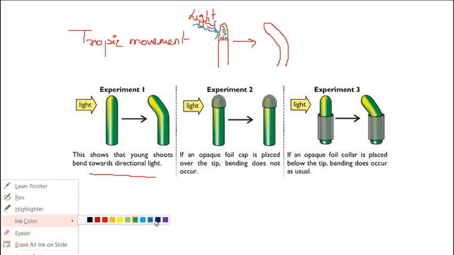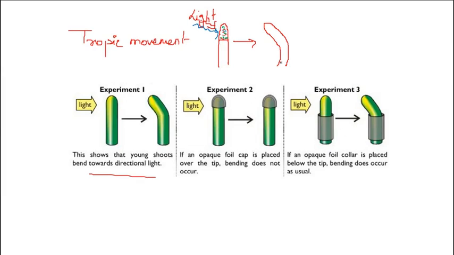Now this auxin, when it moves downward, helps in the growth of this region. I'm very sorry, I should draw it towards the other side.